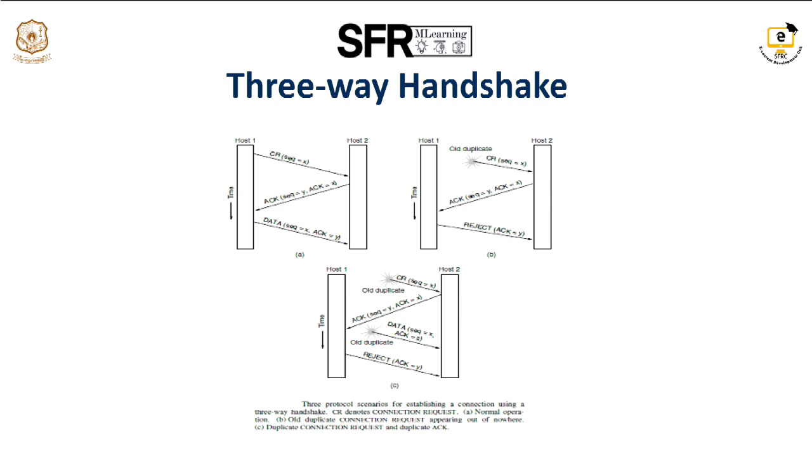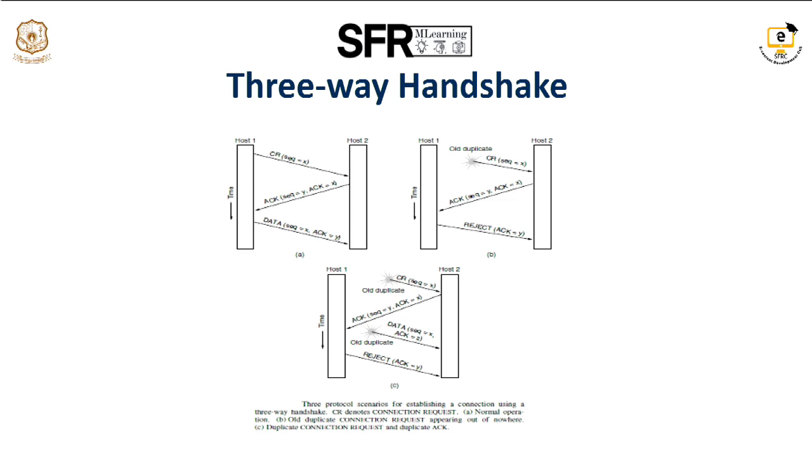In figure B, the first segment is a delayed duplicate connection request from an old connection. So, this segment arrives at host 2 without host 1's knowledge. Host 2 reacts to this segment by sending host 1 an acknowledgement segment, in effect asking for verification that host 1 was indeed trying to set up a new connection.